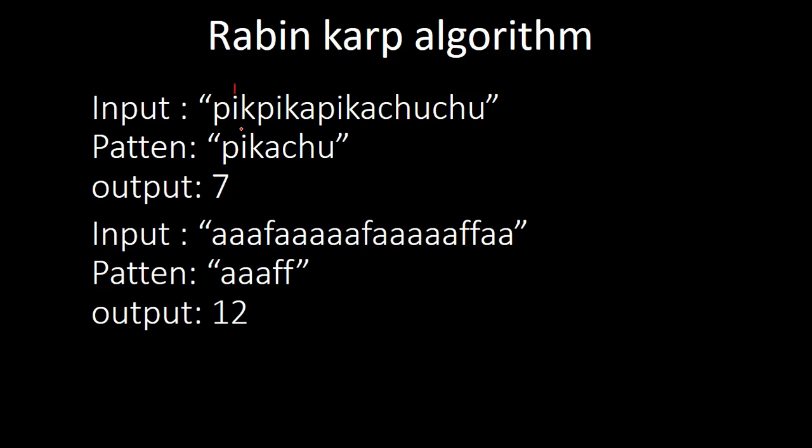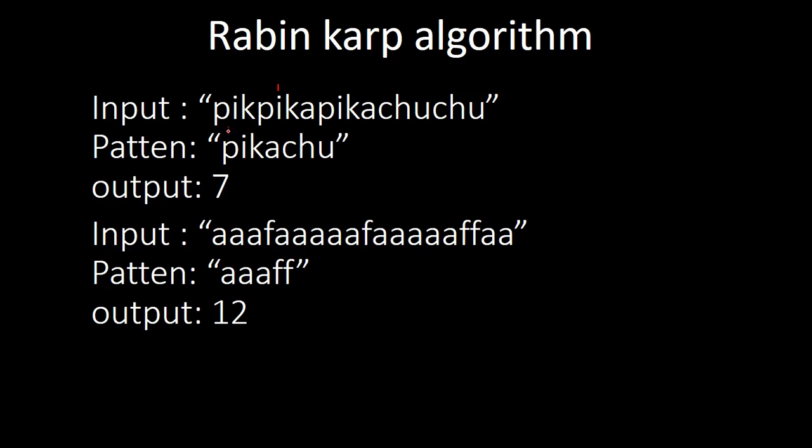This i is not equal to p, so obviously we can't take this i. Then this k is not equal to p, so again we can't take this either. But this p is equal to p, so we'll move further and check i is equal to i, then k is equal to k, and this a is also equal to a, but this c is not equal to p. So we have to move back again to this i.